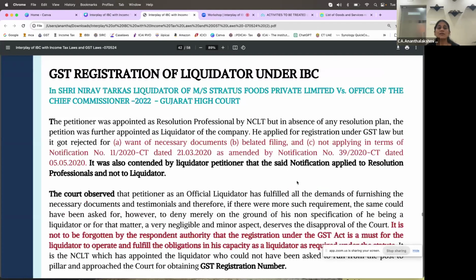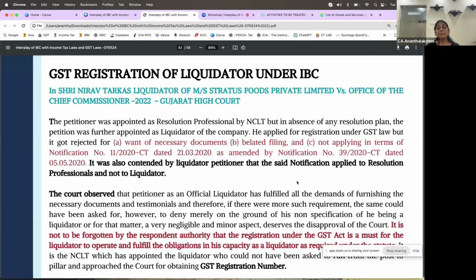Now we will see the next issue, GST registration of the liquidator. This one we have explained right now under IBC. In this case, the petitioner was appointed as an RP. But that particular corporate debtor could not obtain any resolution plan, so from CIRP the situation moved to liquidation.